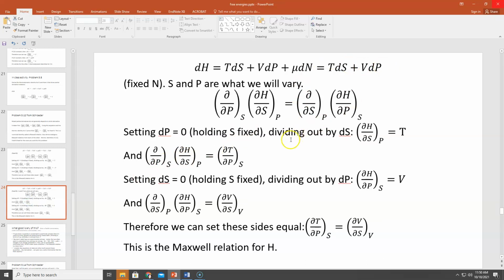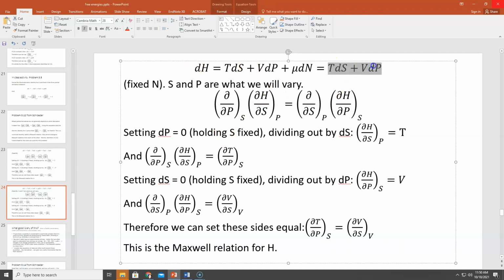Now, to actually derive the Maxwell relationship, I think once you get over that first hump, it's all downhill from there. But to derive this, let's look at the left-hand side first again, okay? So here's our relationship: dH is TdS plus VdP. And then what we're going to do is take the partial of H with respect to S, holding P constant, and then of course n.